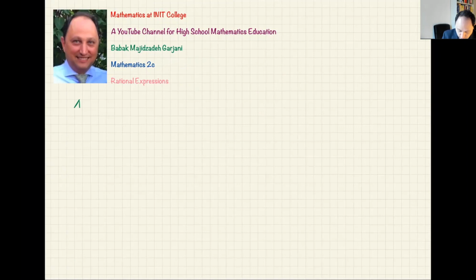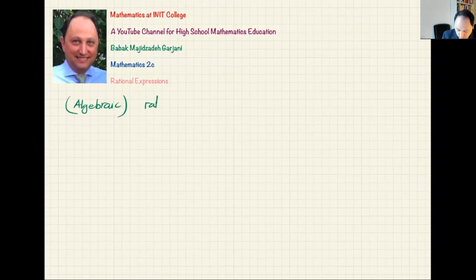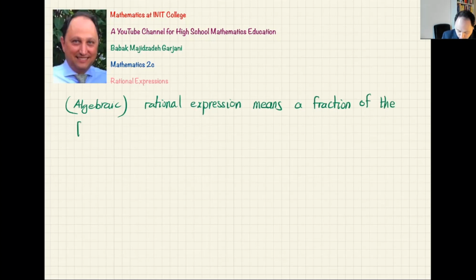So an algebraic rational expression means a fraction of the following form: a polynomial in the numerator divided by another polynomial in the denominator.